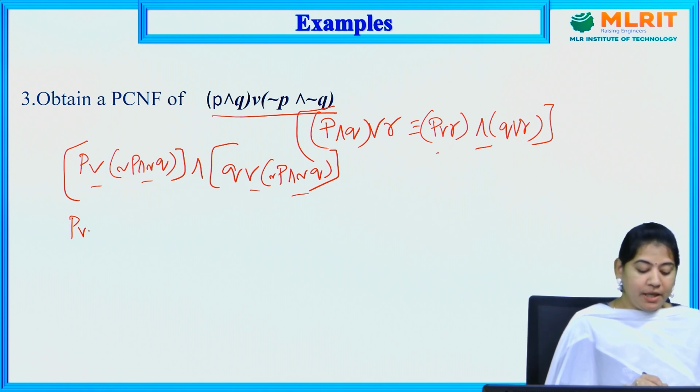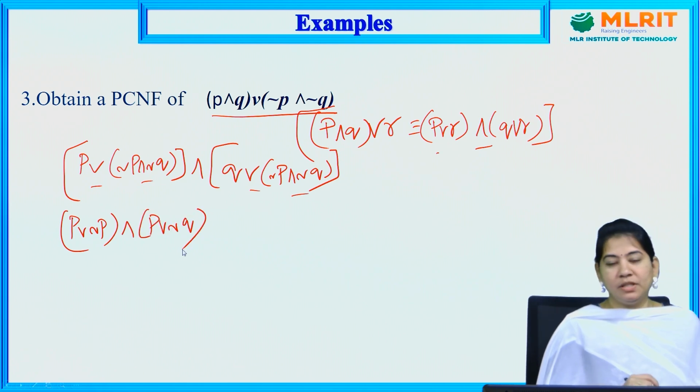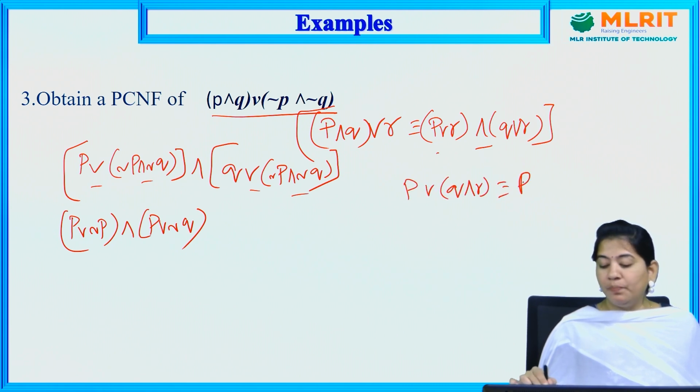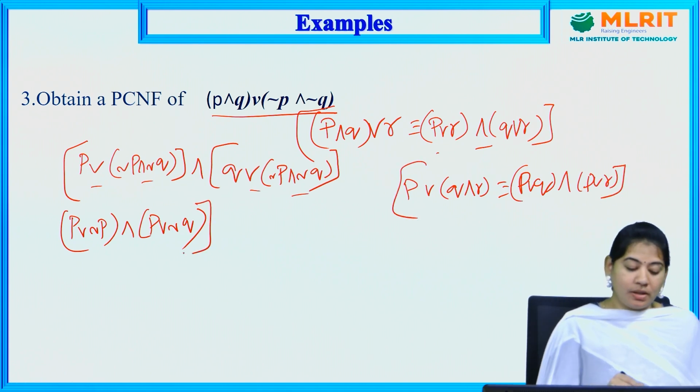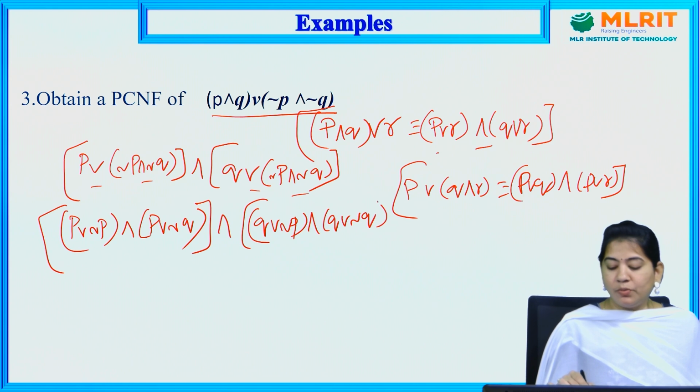That is P or negation P, and P or negation Q, using the formula P or (Q and R) is equivalent to (P or Q) and (P or R). The same formula I have applied here, and also here: Q or negation P and Q or negation Q.